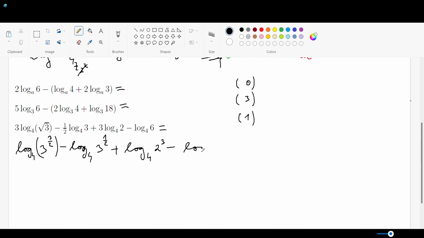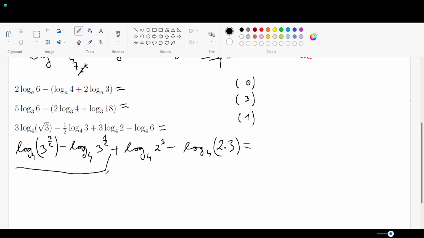Take away logarithm base 4 of, and now I can see very easily maybe that this can be like 2 times 3, as number 6 is 2 times 3. What can we do now? We will be looking for the same numbers here, like 3, and apply here. So let me just explain it step by step.